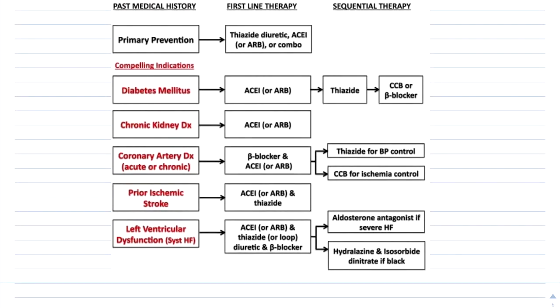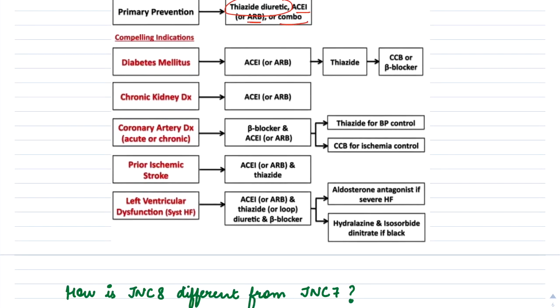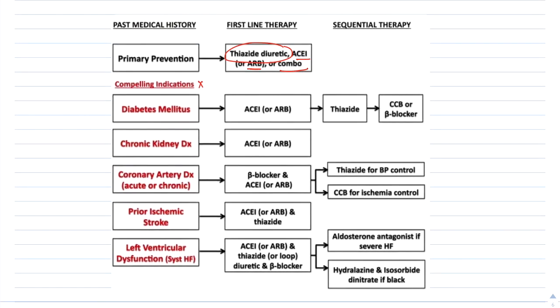So mainly for primary prevention, the first line therapy includes a thiazide diuretic, ACE inhibitor, angiotensin receptor blocker, or a combination. Compelling indications were first described in the JNC7 criteria, but these are no longer used.